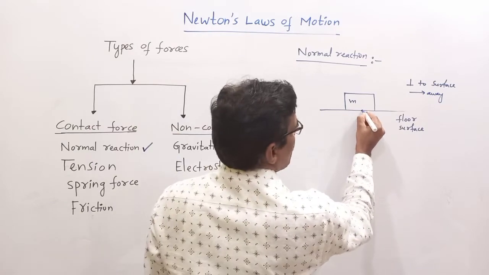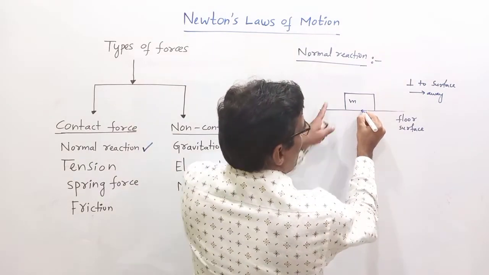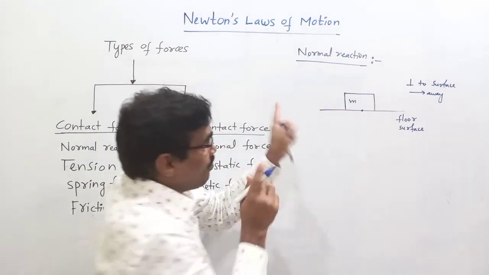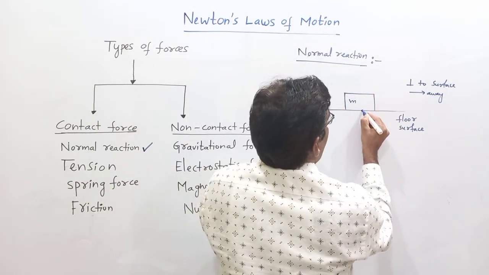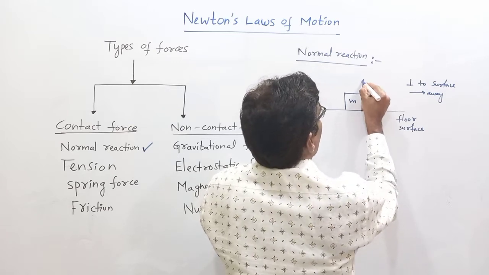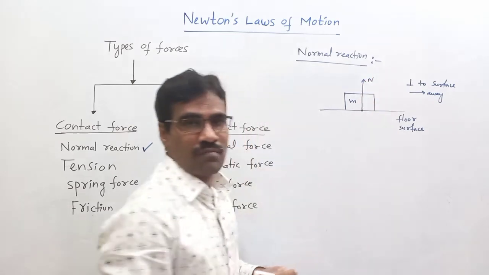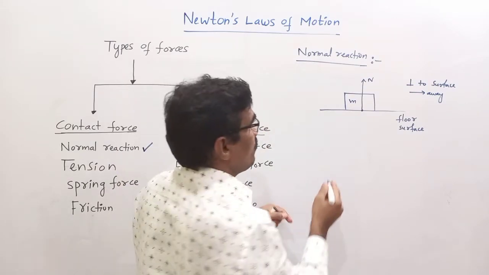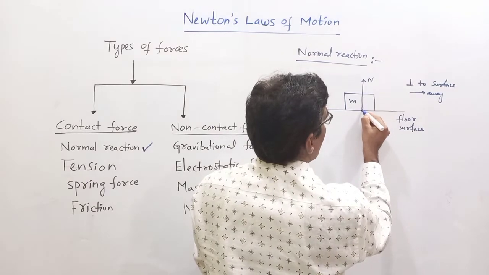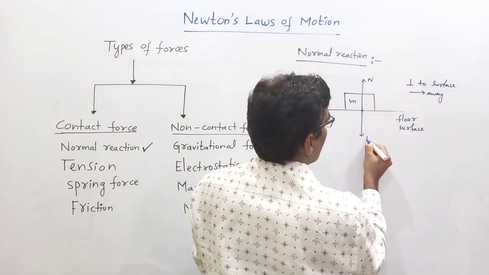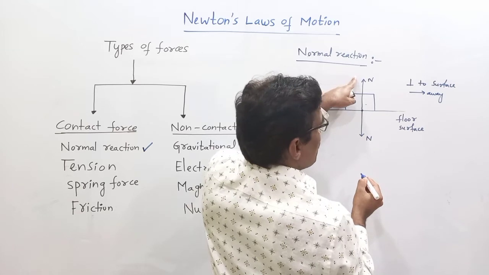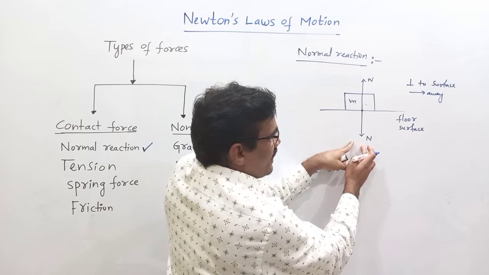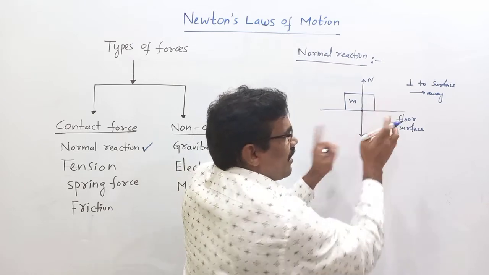What is the normal reaction here? Normal reaction on the block, and on the surface. On the block, the normal reaction acts away from the surface, in the normal direction. Normal reaction on the floor also acts, on exactly the opposite side. So this N is the normal reaction on the block, and this N is the normal reaction on the surface.